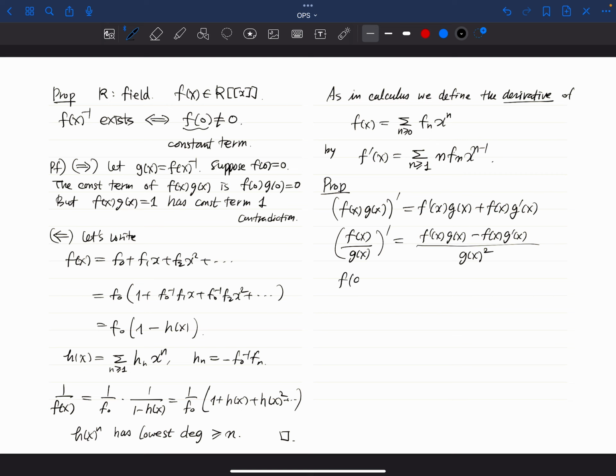And the chain rule also holds: (f(g(x))) prime equals f prime(g(x)) times g prime(x). But of course, we have to assume that g(x) is non-zero because you don't want to divide by 0. Actually, the inverse of g must exist, so g(0) is non-zero. And here, the composition must exist, so g(0) must be 0 in this case.